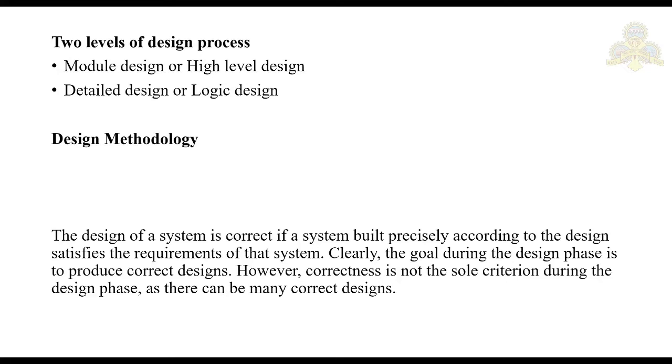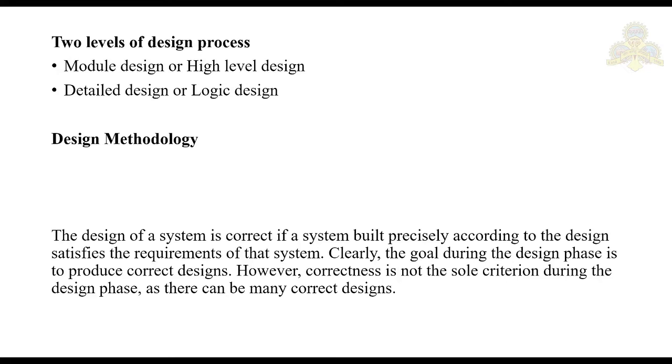In the second level, that is detailed design or logic design, the internal design of the modules, or how the specifications of the modules can be satisfied, is decided. The first one, module design, deals with identification of the modules.